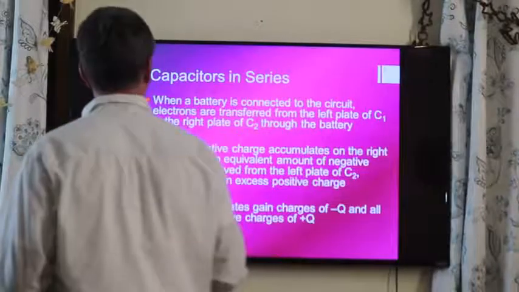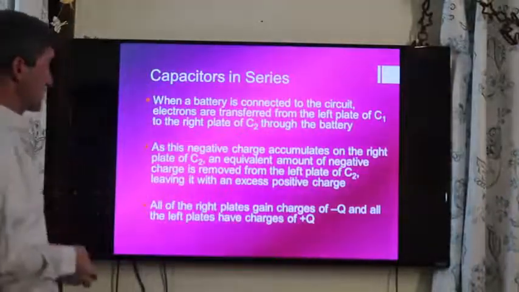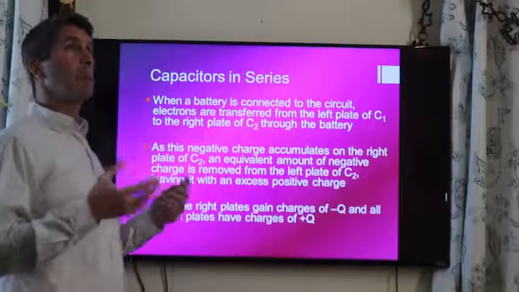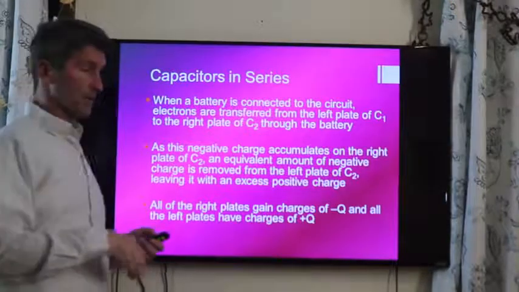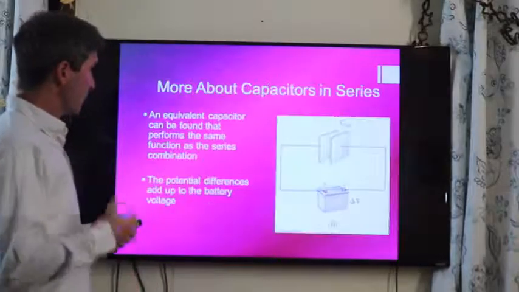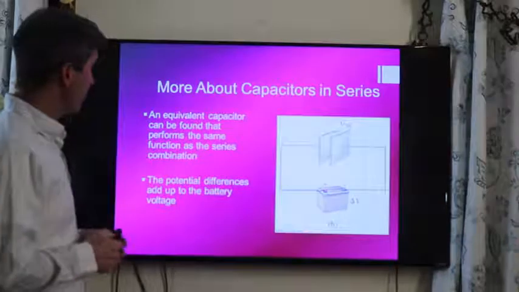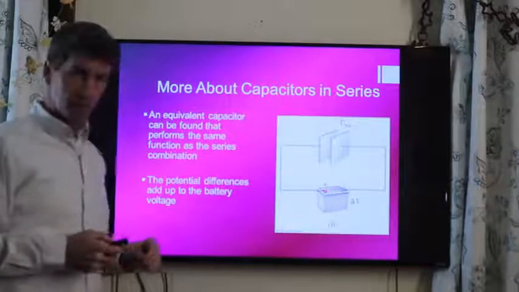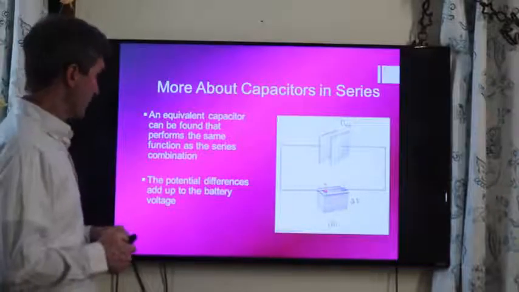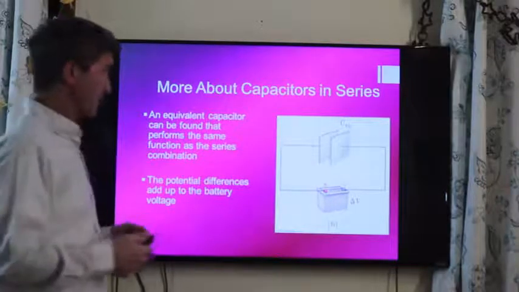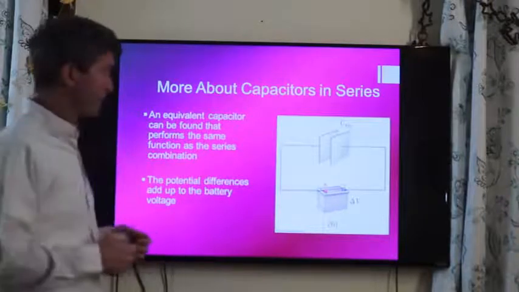So with this in mind, when we're dealing with capacitors in series, the amount of charge on one capacitor is going to be equal to the amount of charge on the other capacitor. Now, going back to our equation, when we're looking at the equivalent capacitance for these series, we have to make sure that both capacitors have the same amount of charge.